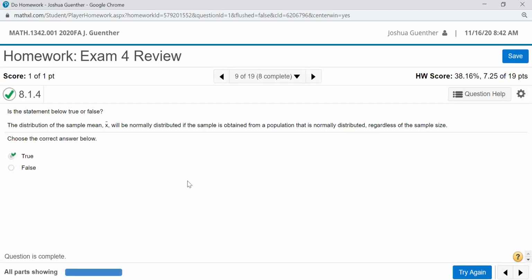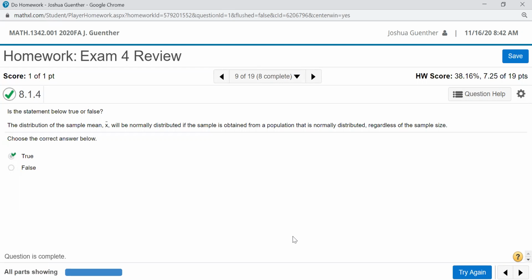But basically, remember we said that in order to do certain z-score techniques when you're dealing with the sample mean, because remember, chapter 8 all of a sudden is about doing inference not just on a single observation, but on a sample mean, the mean of a sample of multiple observations.